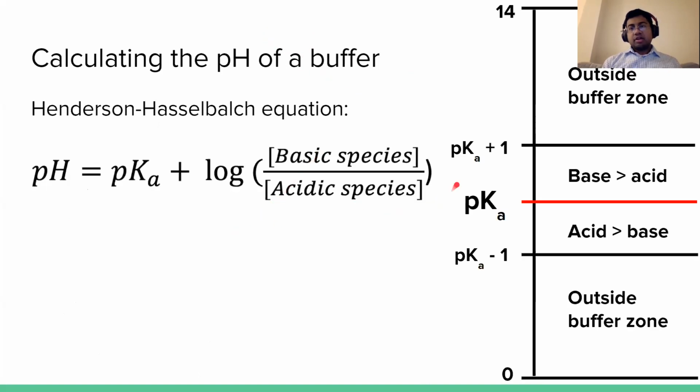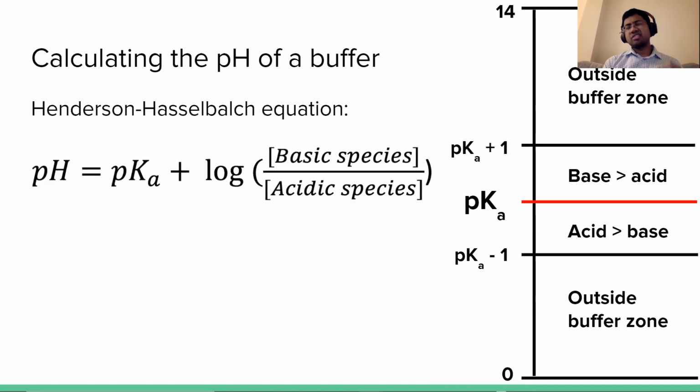Okay, so calculating the pH of a buffer. We can use the Henderson-Hasselbalch equation to calculate the pH of a buffered solution, which is pH equals pKa plus the log of the quotient of the basic species over the acidic species.